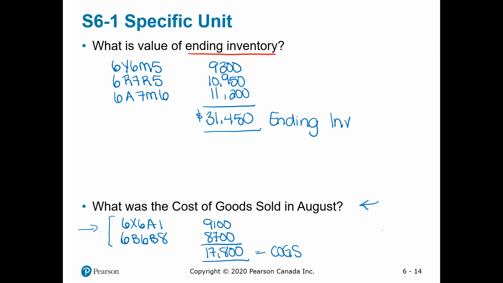Now, the question did tell us that during August it sold the 2 units for $15,000 each. Note that we're not using that $15,000 here, because that's the selling price. We would use that to figure out our sales revenue.